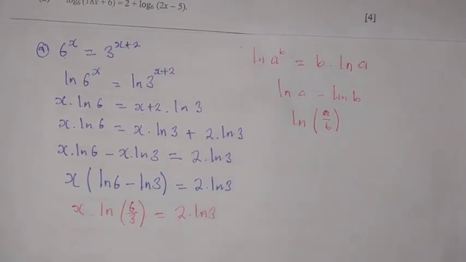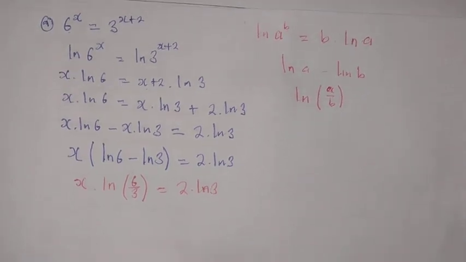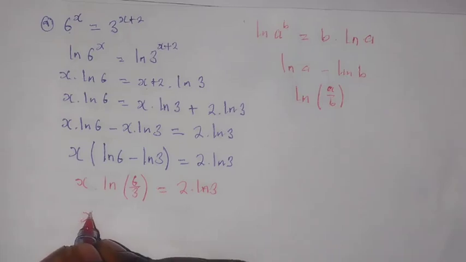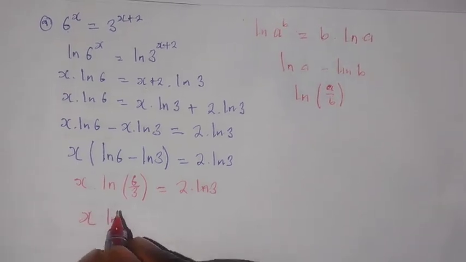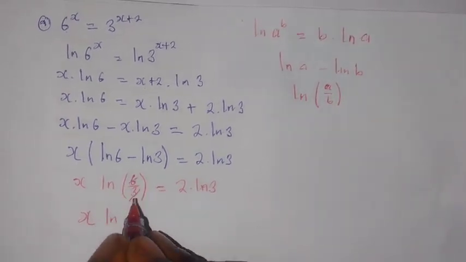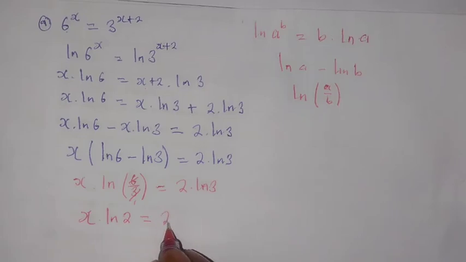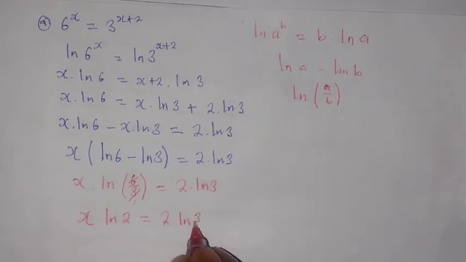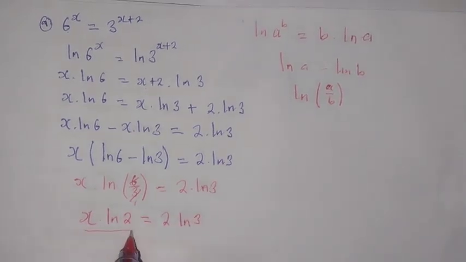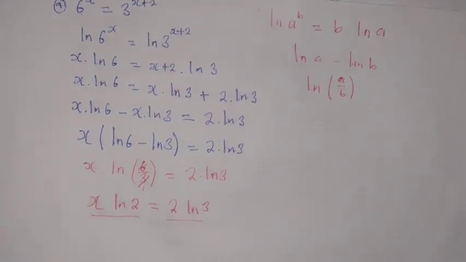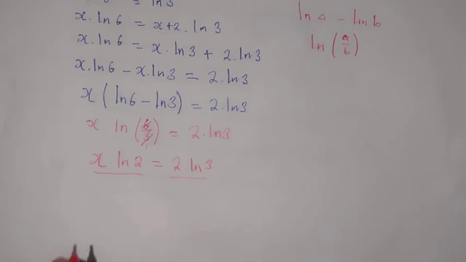Now, here we can simplify. So we can write x times ln of 2, since 3 into 6 is 2. That's what you get. Equal to 2 times ln of 3. So we are going to divide both sides of the equation because we want to find the value of x.